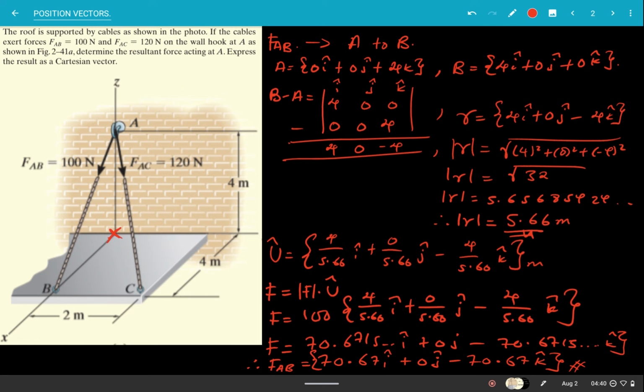So now that we have found or expressed the 100 newtons force, we now need to also express the other force that is present here, and that other force is the 120 newtons force. Alright, so let's keep hold of the answer of our resolved force AB, and let's do the same thing for force AC.